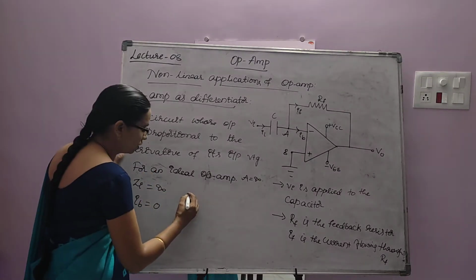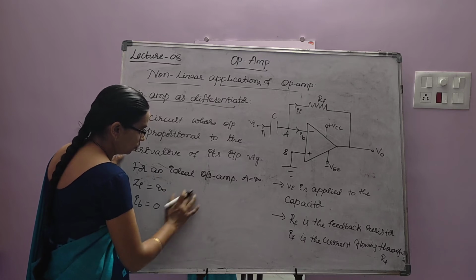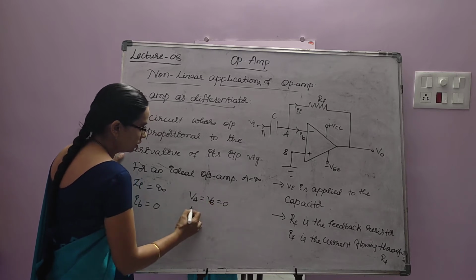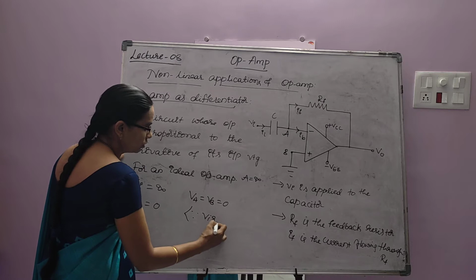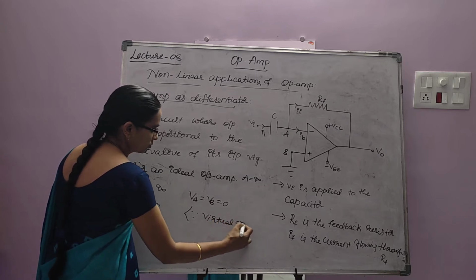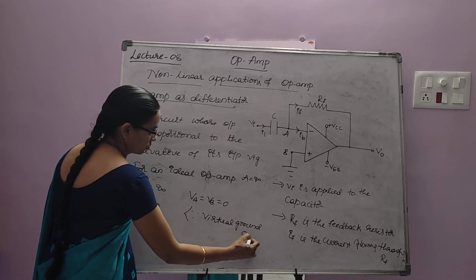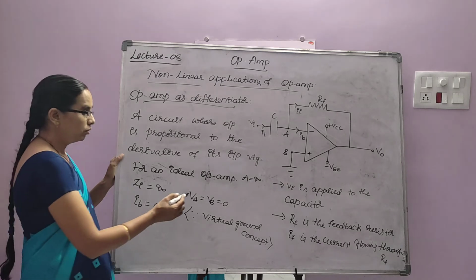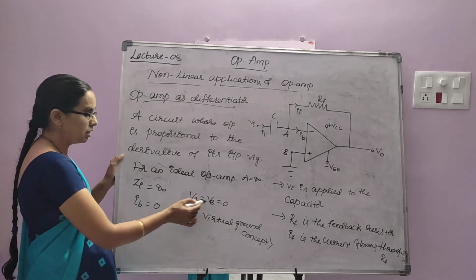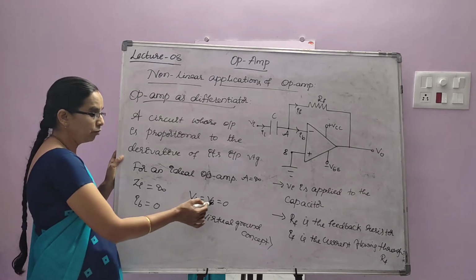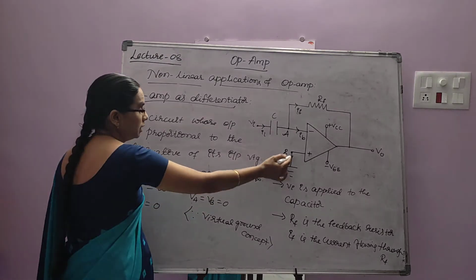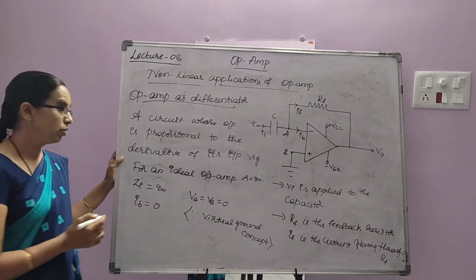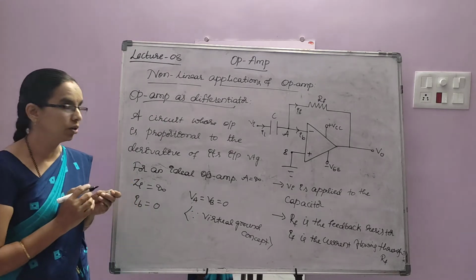And from the virtual ground concept, we know that VA is equal to VB and is equal to 0. VB is at the non-inverting terminal, that is grounded. So VA is also treated as ground potential because of virtual ground, which we have already studied.